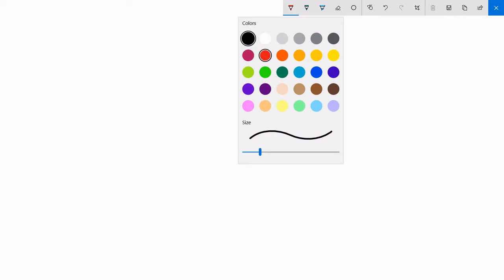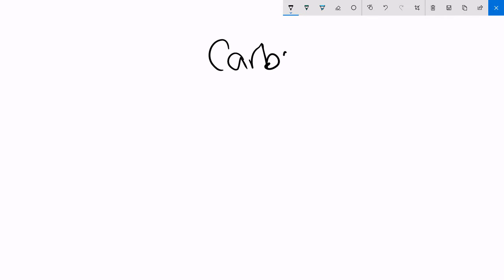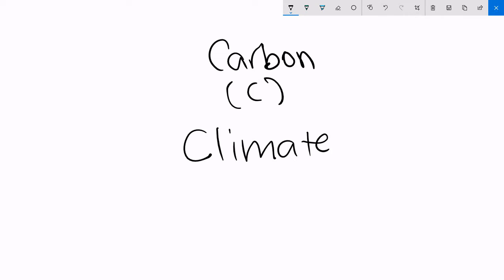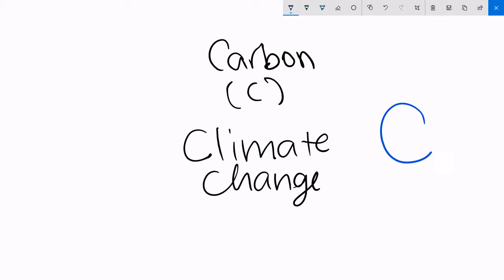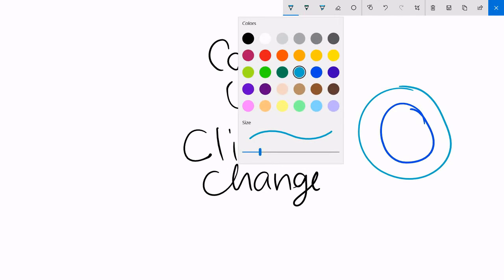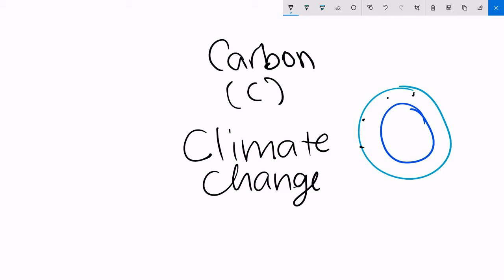Carbon is another element that is existing a lot in our atmosphere recently and is also causing climate change because of the greenhouse effect, where if this is planet Earth, we have our little atmosphere here, and it's keeping in all of the heat.